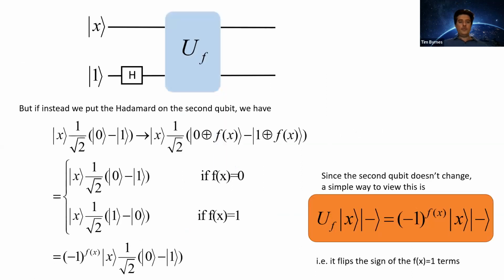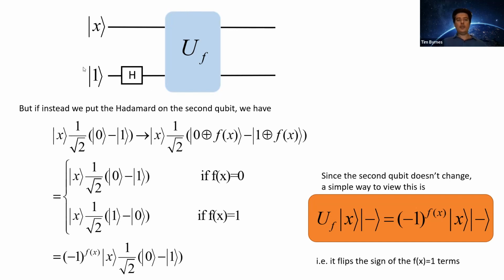Okay. So let's think outside the box here and see if we can do it a slightly different way. Intuitively, putting the Hadamard on the first qubit seems to be what makes sense. But let's look at this other case, when we input a superposition on the second qubit.